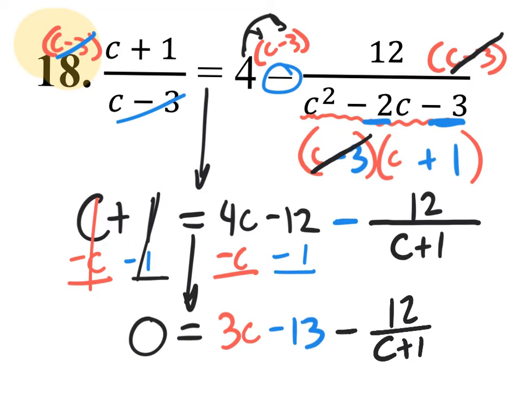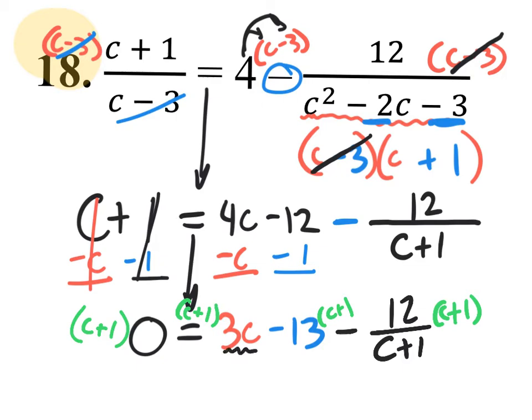Now let's get rid of that fraction by multiplying everything by c plus 1. So when I say everything by c plus 1, this by c plus 1, this by c plus 1, the 3c times c plus 1, and even the 0 times c plus 1, but we know that that doesn't change anything. 0 is still 0 when you multiply anything with it. Anyway, so let's distribute.